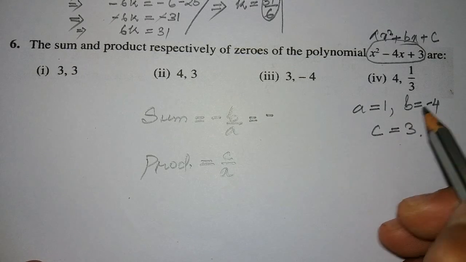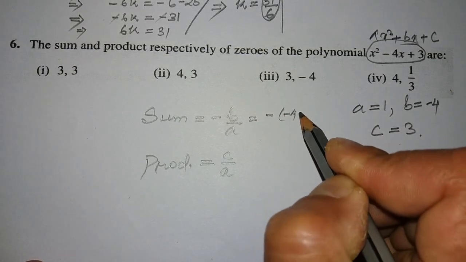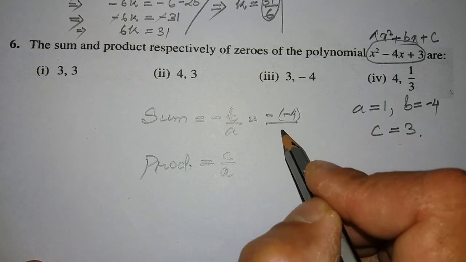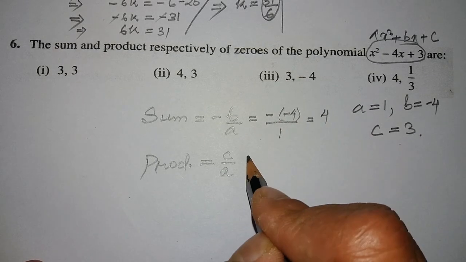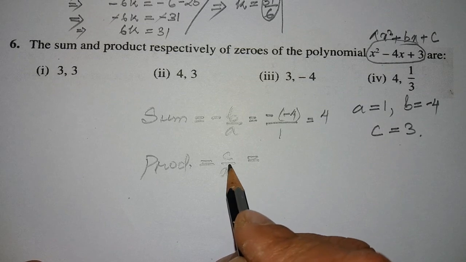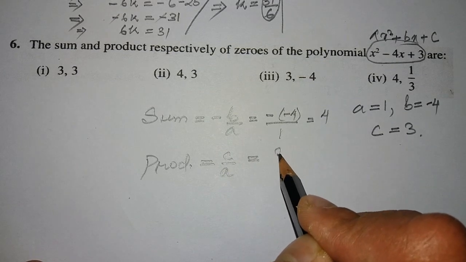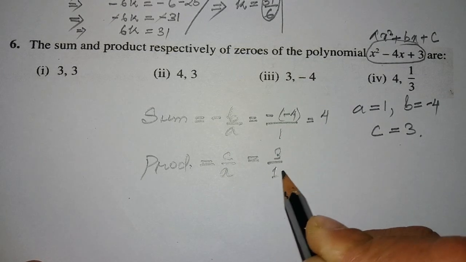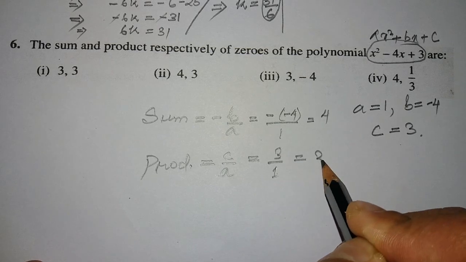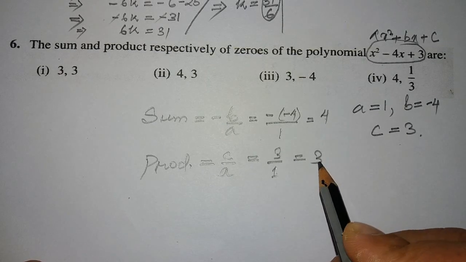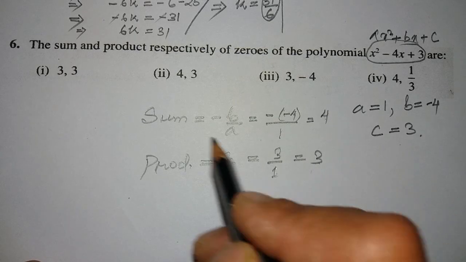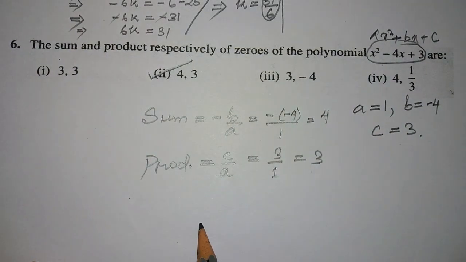Minus b is minus minus 4, a is 1, so 4 by 1 is 4. The product of the zeros is c by a, which is 3 by 1, so we get 3. So the sum of the zeros is 4 and the product of the zeros is 3. So our answer should be Roman number 2.